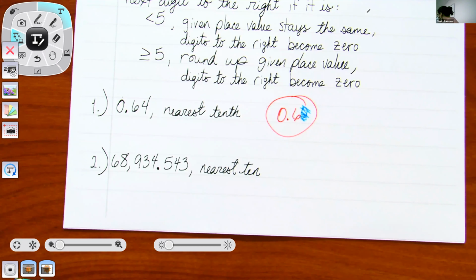Yeah. And then the other thing too is, a lot of people ask, well, do I have to put 0.6 or can I just put .6? Well, yeah, you can just put .6 and that's fine. That means the same thing, and if I was typing that in my calculator, I would probably just put .6 instead of 0.6.